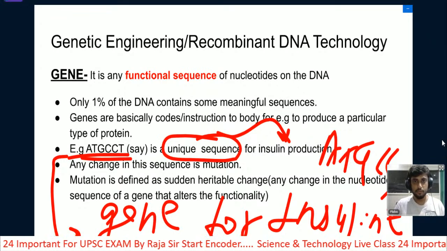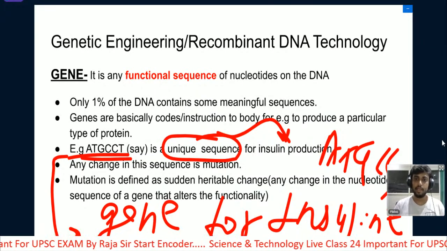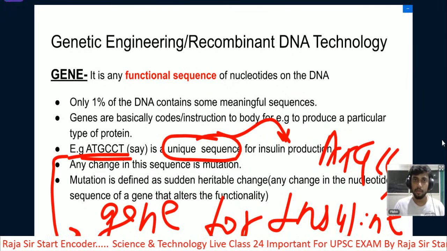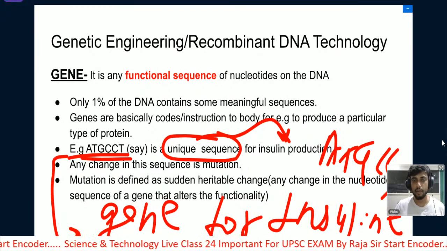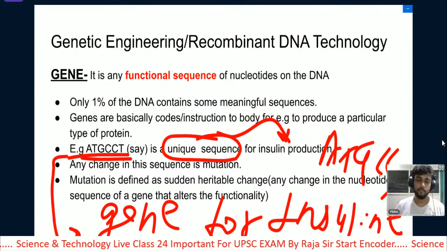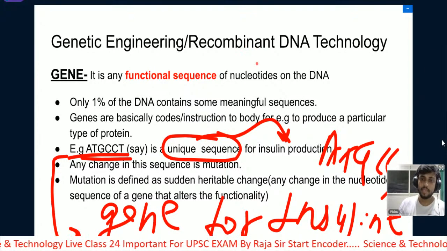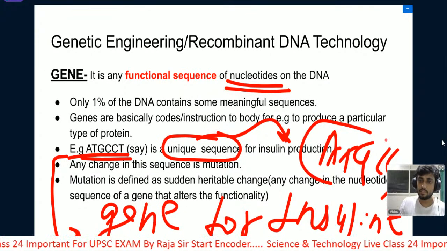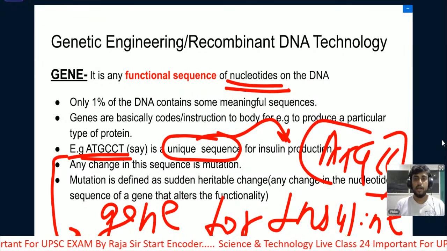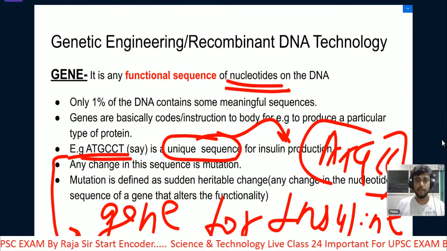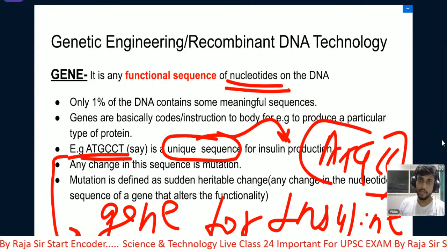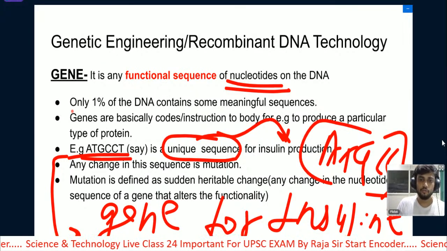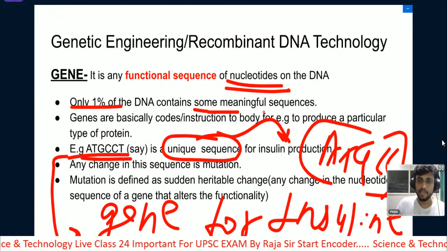See the nucleotides, what are these? These are the nitrogenous bases, A, T, G, C, plus the sugar; the strands are made up of sugar plus phosphate. So nucleotides are basically sequences of these nitrogenous bases. A sequence which is there for some purpose is a functional sequence, and only 1% of the DNA contains meaningful sequences.